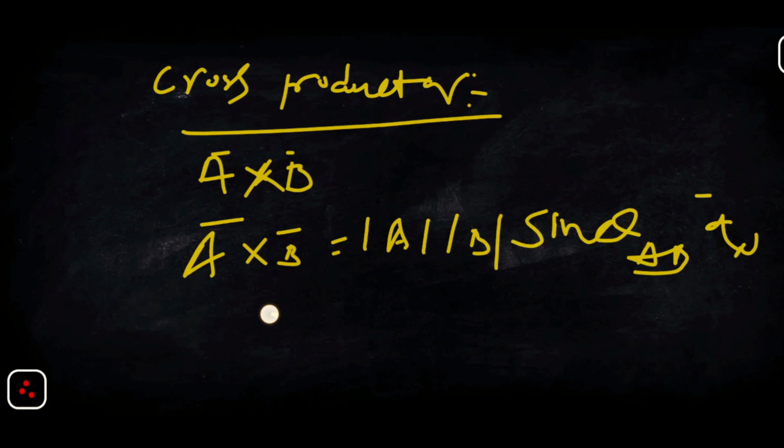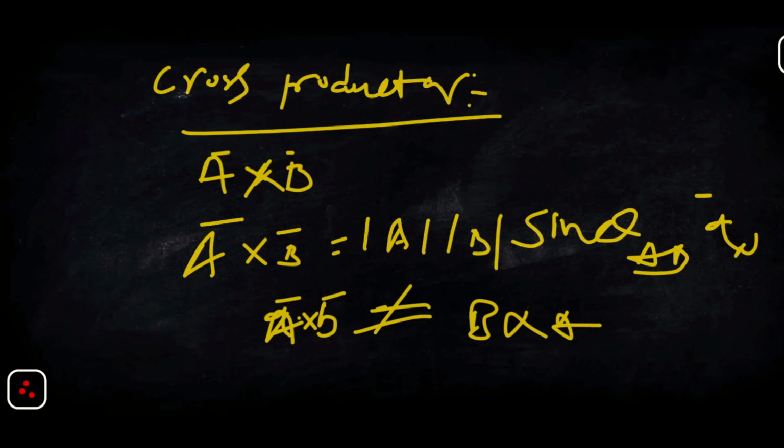Okay, similar to that, a dot b equal to b dot a previously, but here a cross b, a vector and cross product of b vector is not equal to b cross a, that is the cross product is not applicable for commutative law.